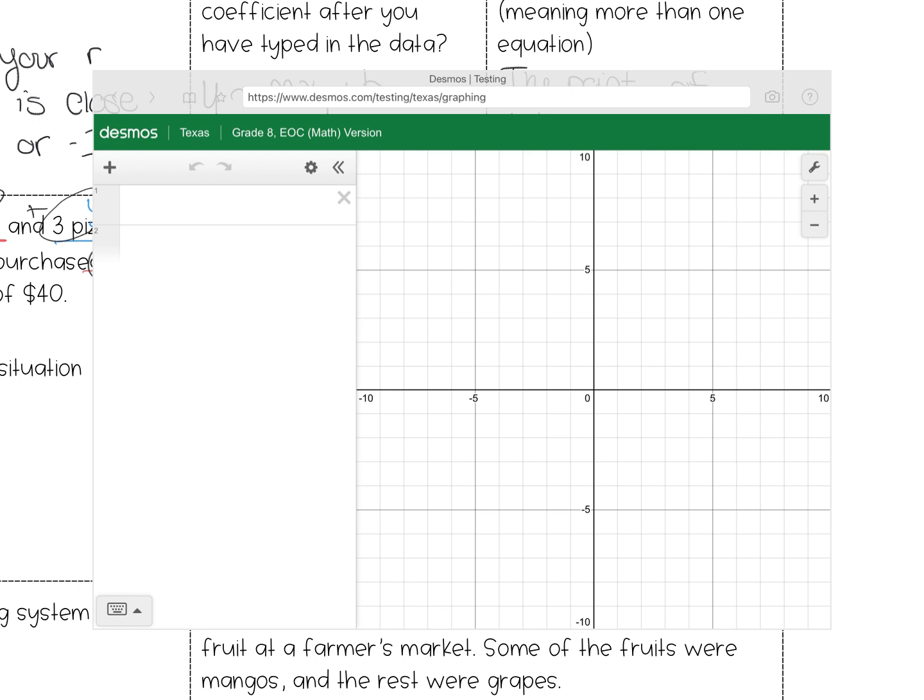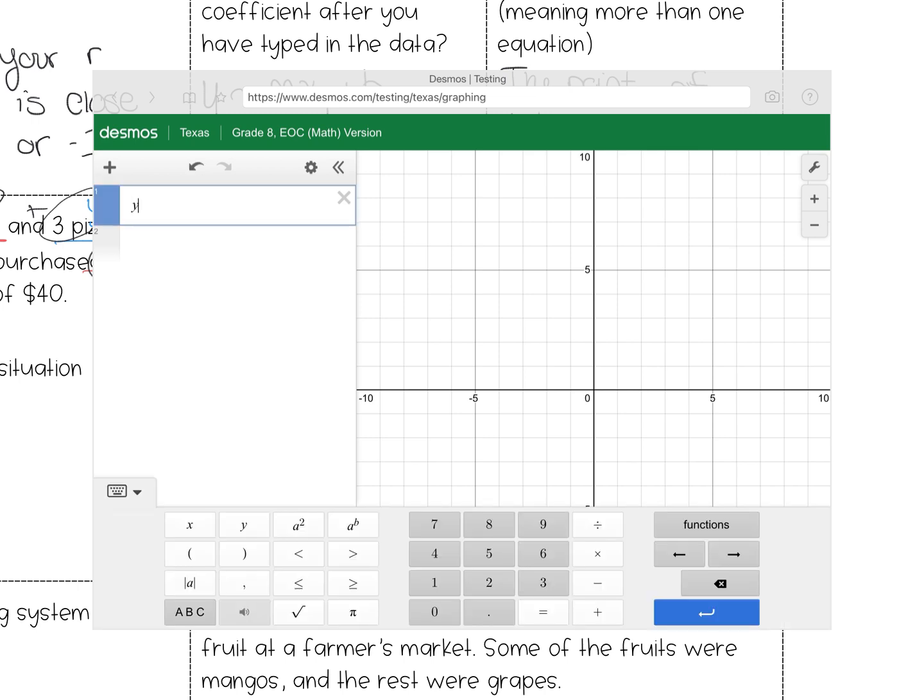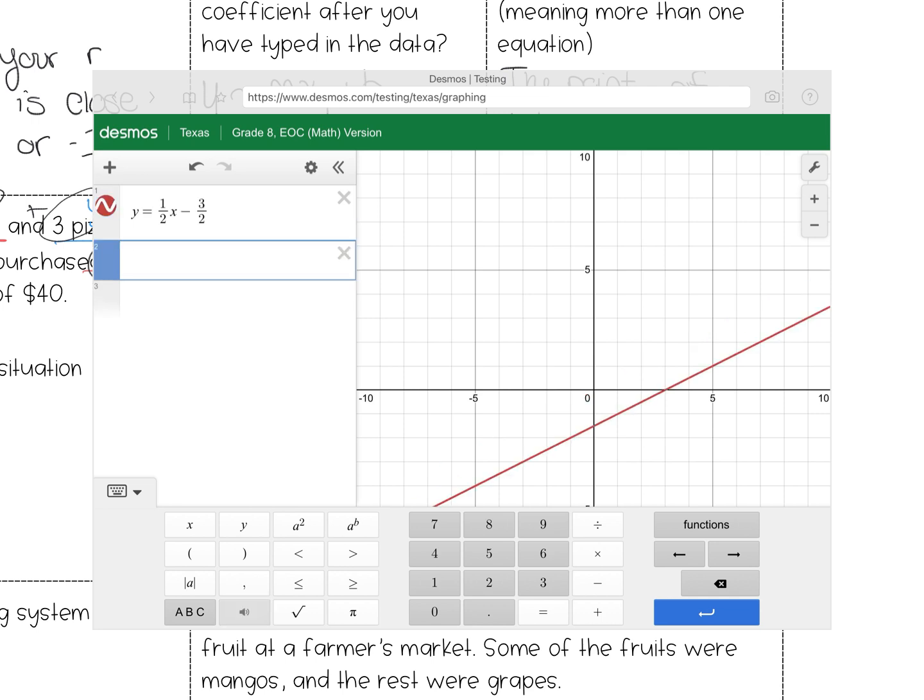So I've inserted my browser, and I'm going to type my 2 equations. So I'm going to type y equals 1/2. Make sure you press the arrow over and get out of the bottom. X minus 3 divided by 2. Go to the next line. I'm going to do the same thing, but for the other equation. Y equals negative 4 over 5, arrow over x, plus 12 divided by 5.